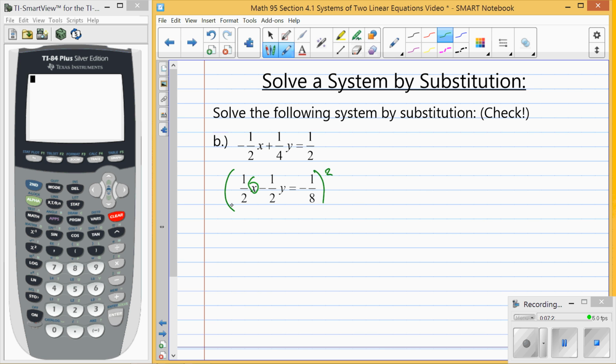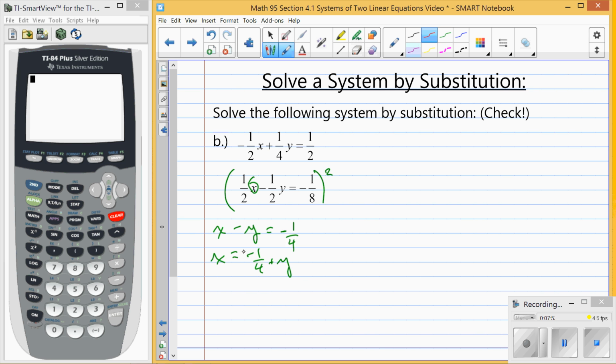So, I will wind up with 2 times 1/2 is just 1, so I've got an x. 2 times negative 1/2 gives me a negative 1, so minus y, equals, now 2 times negative 1/8 gives me negative 1/4. To isolate x, I'm just going to add the y over. X equals negative 1/4 plus y.